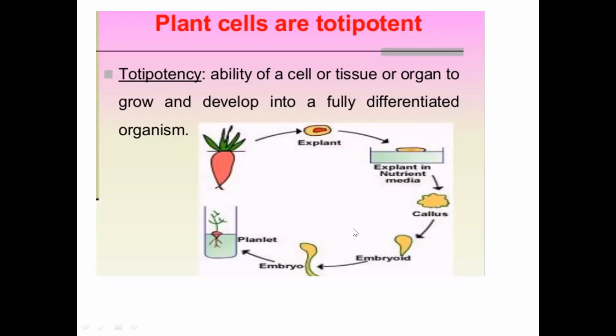It is based on totipotency, which you all know, from explant to callus. From callus you can go for organogenesis, you can go for embryogenesis. From embryogenesis you can go for synthetic seeds, and then plantlet and the whole plant. So this is the basis for tissue culture.